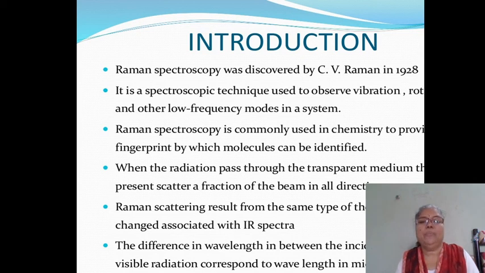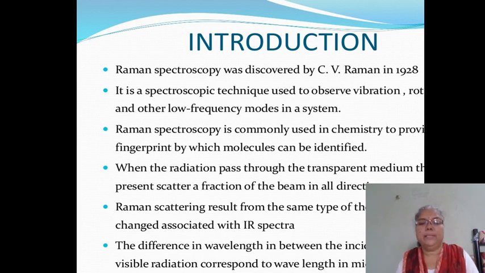Raman spectroscopy is commonly used in chemistry to provide a fingerprint region by which molecules can be identified. When radiation passes through a transparent medium, a fraction of the beam is scattered in all directions.